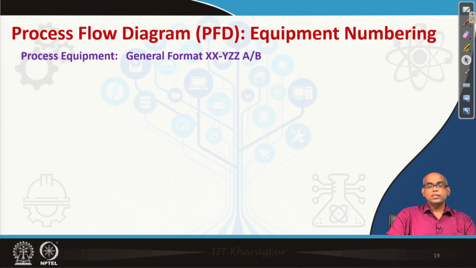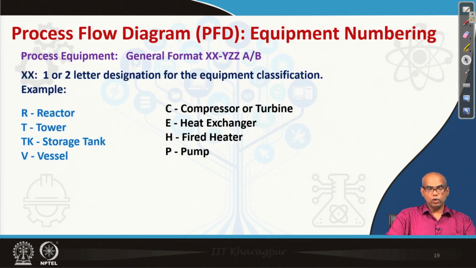Now, let us see how the equipment are numbered in a process flow diagram. The general format is XS hyphen YZZ A/B. So, what does it mean? Look at the first symbols, XX.